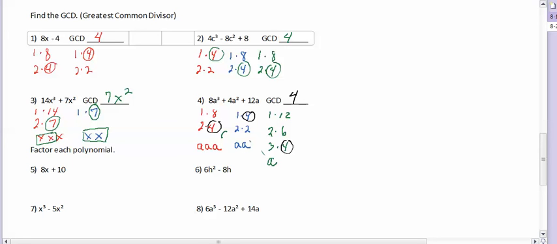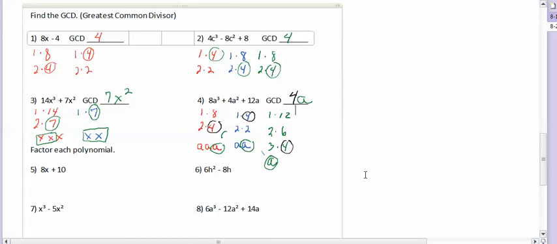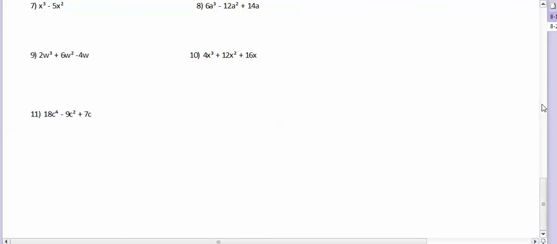They all have 1 A. That's all they have in common. This one has 3, but this only has 2, and that one only has 1. So the largest letter they have in common is just A. So it's 4A is their greatest common divisor. Okay, last little bit here. Now we're going to factor each polynomial.